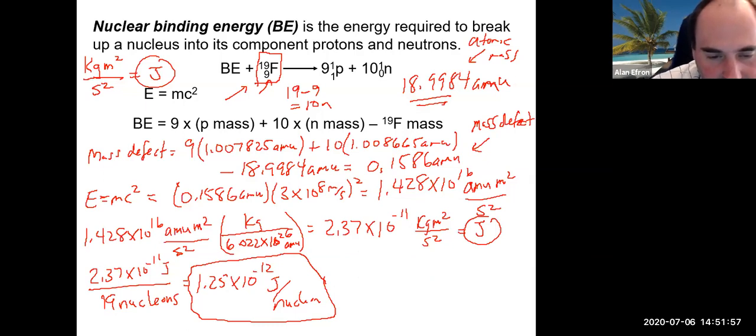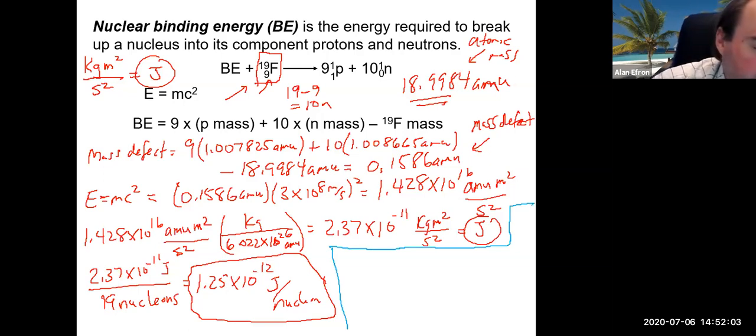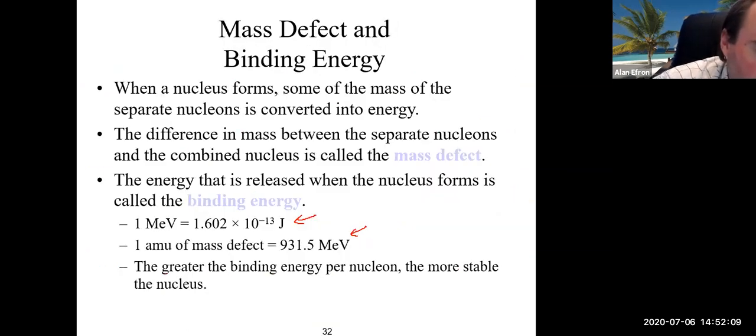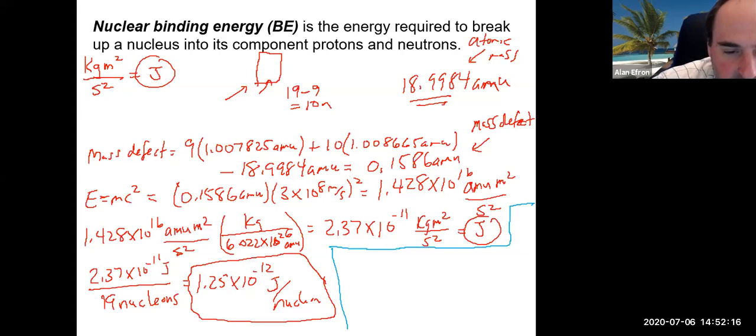And if you remember, I told you you could avoid using Einstein's equation and just use those two conversion factors that we have here. So just to show you that, we take the AMU that we got up here, which was 0.1586 AMU.